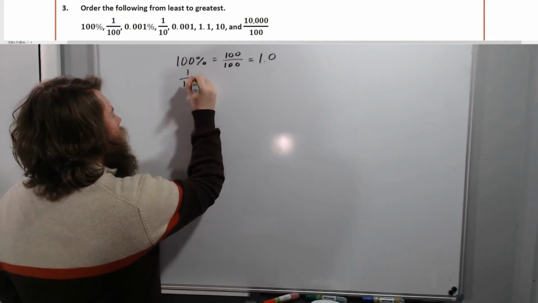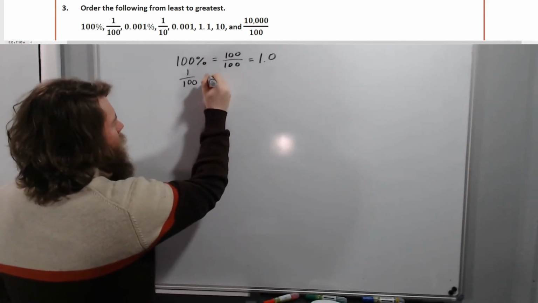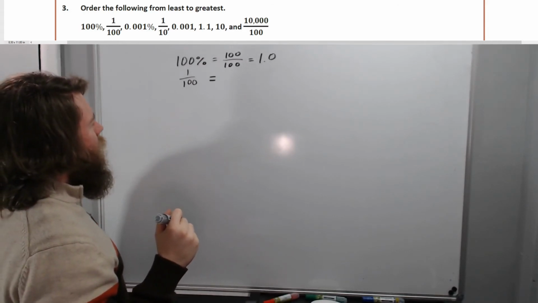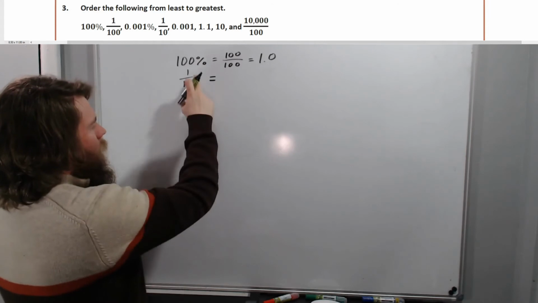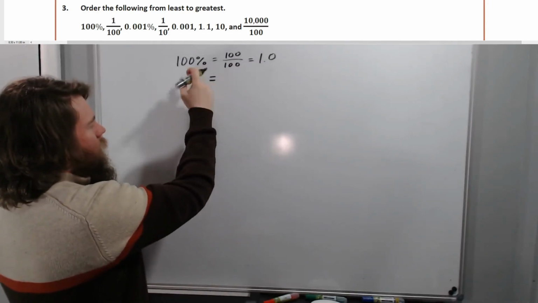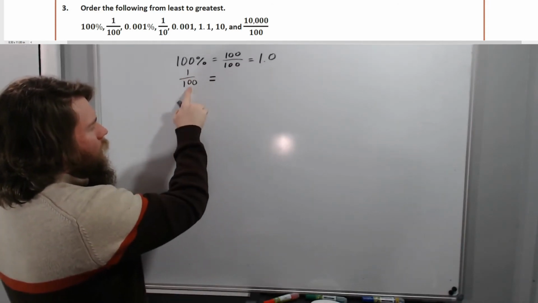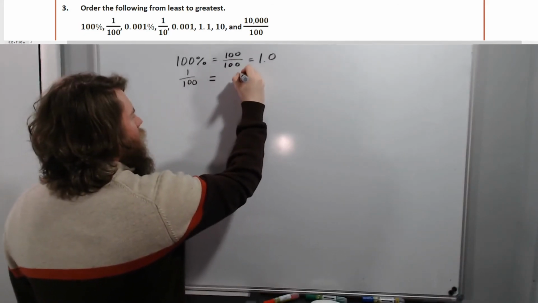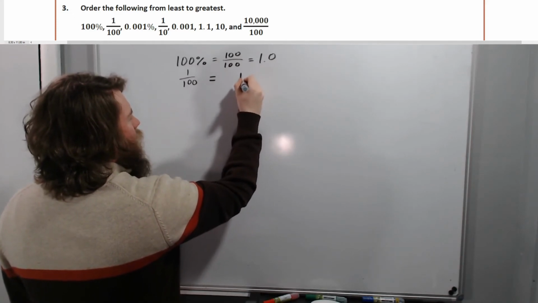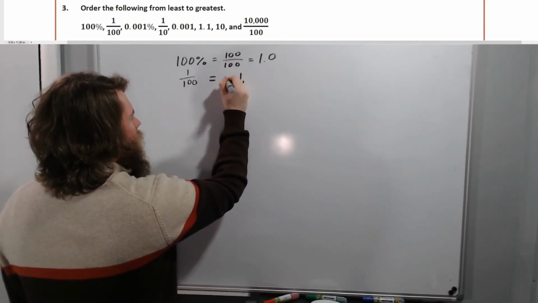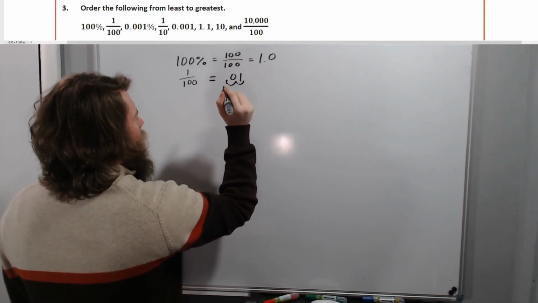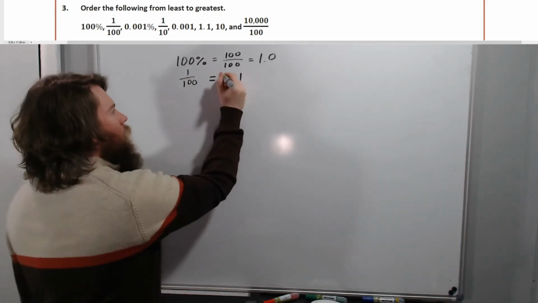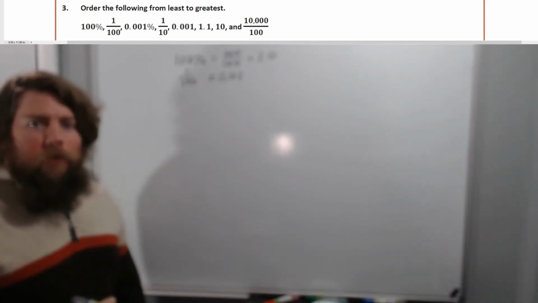We can just go right to decimal from here. Remember, we're dividing by 100, so the decimal is going to go to the left 2 decimal places. There's 2 zeros, so 2 decimal places. And so we have 0.01.